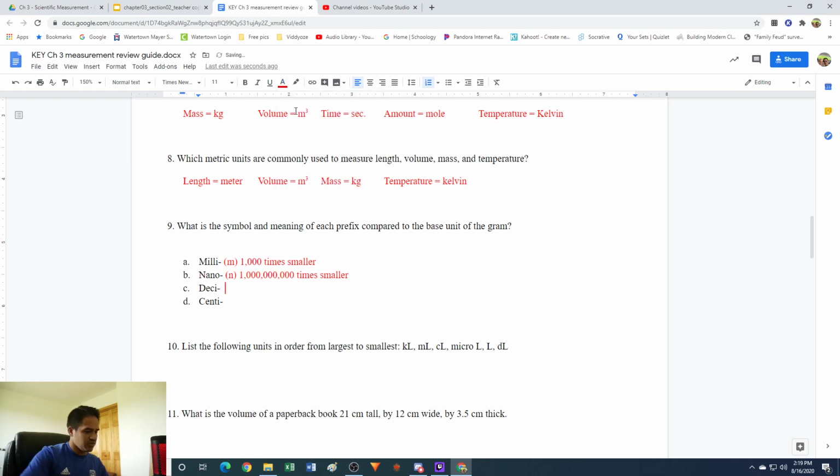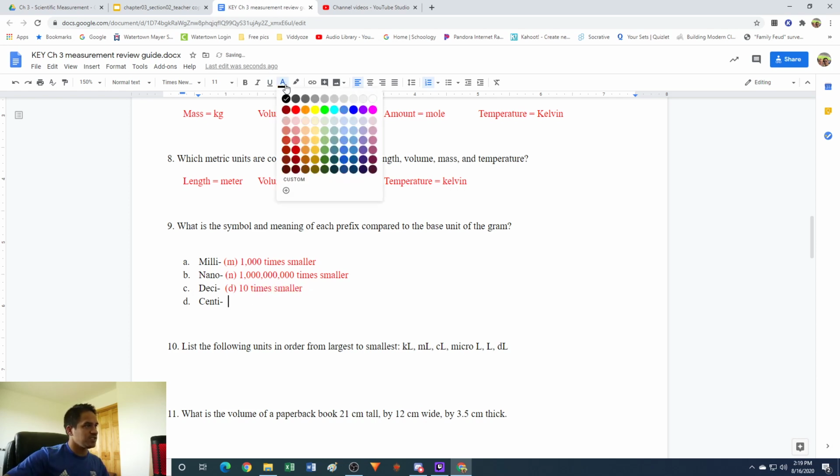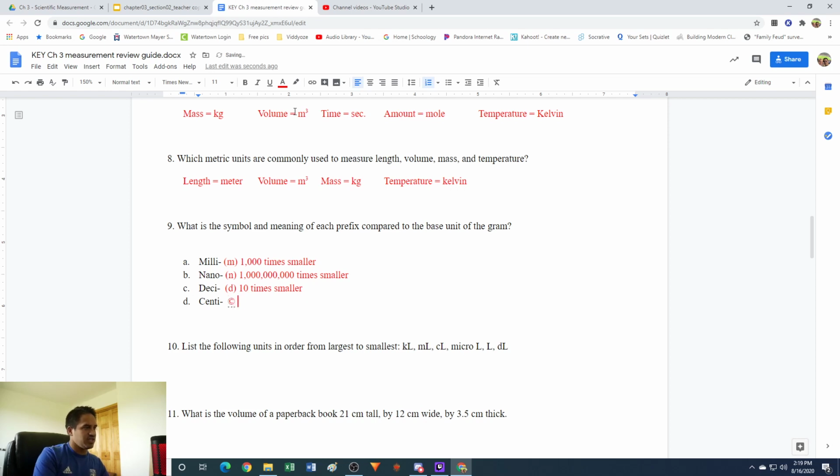Deci, this one is a lowercase d, and this one means 10 times smaller. And for centi, this one is a lowercase c, not a copyright symbol, and it means 100 times smaller.